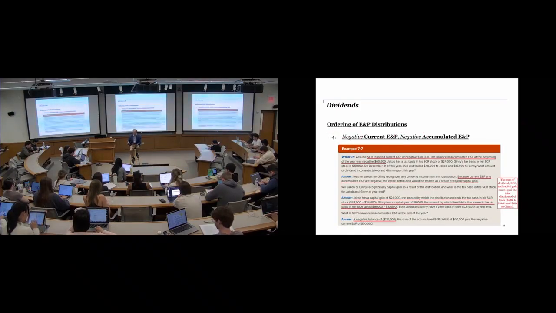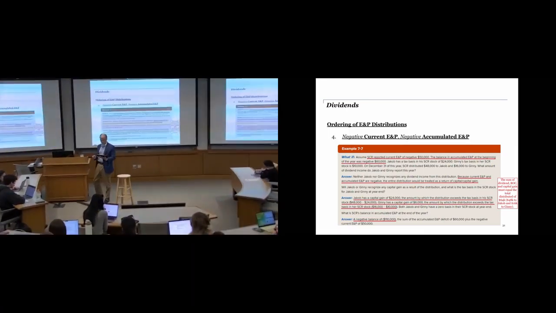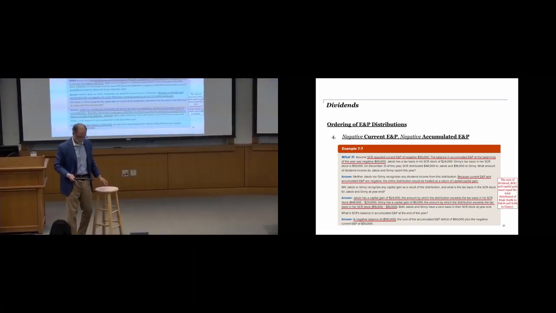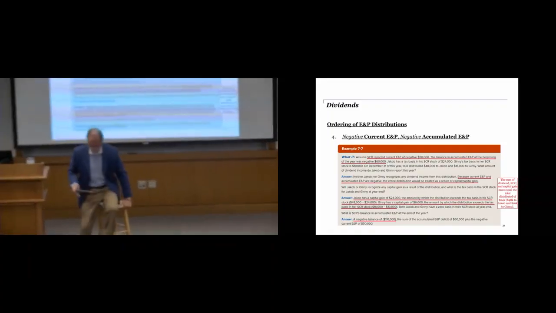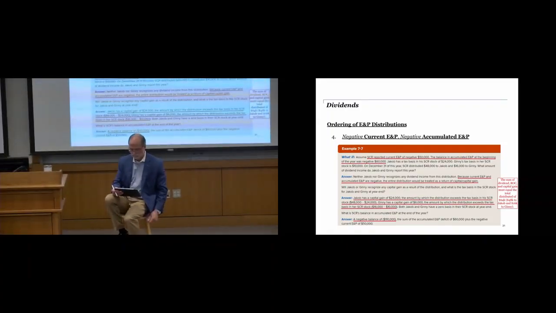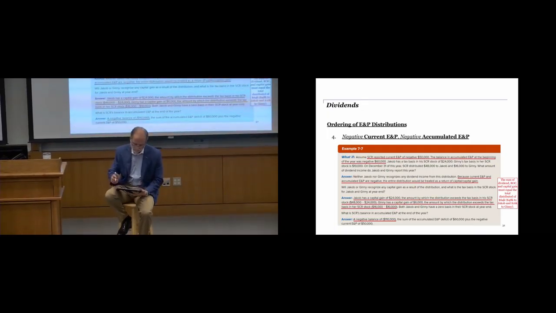That example 7.7 is next. What if we assume SCR reported current E&P of negative 50,000.